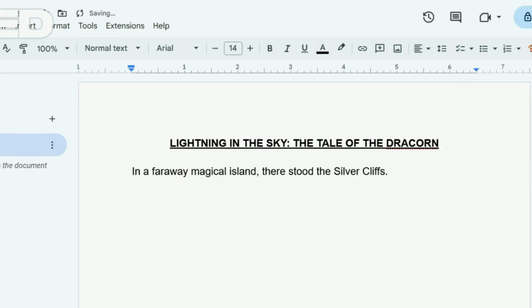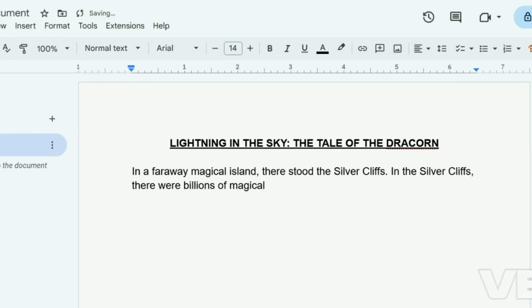In the Silver Cliffs, there were billions of magical caves, which were home to fiery phoenixes. So we are describing the place very well, telling who lives there, which animals live there, and what it looks like.